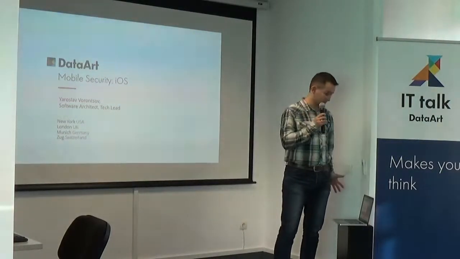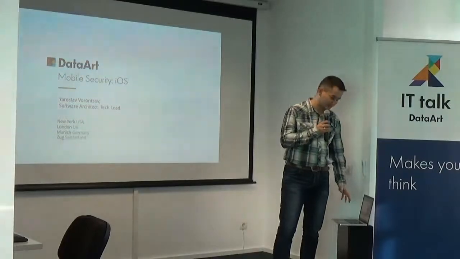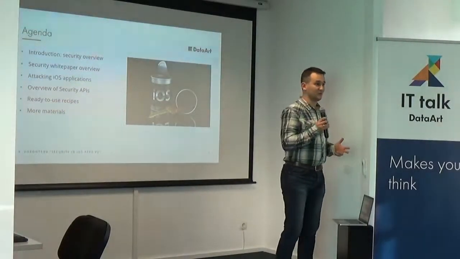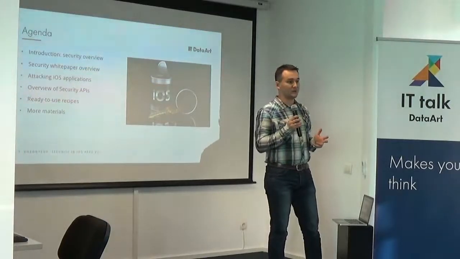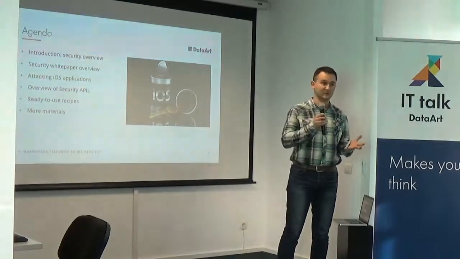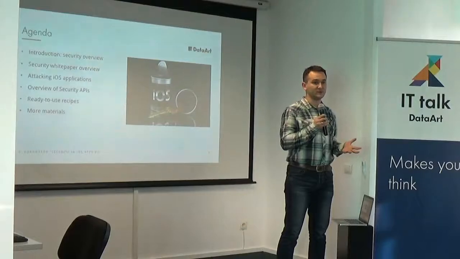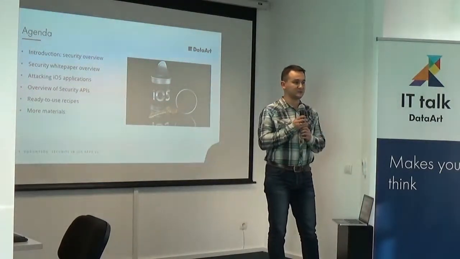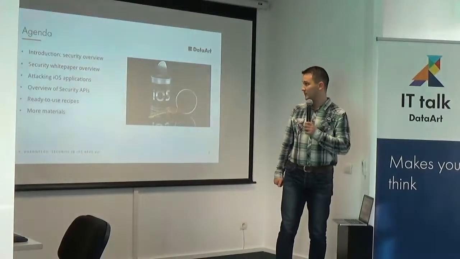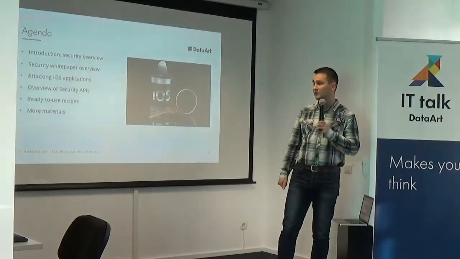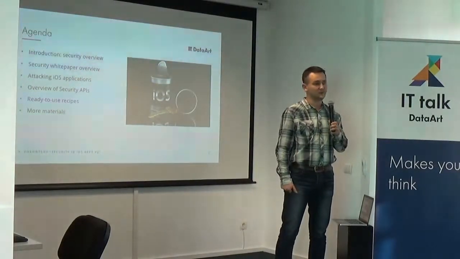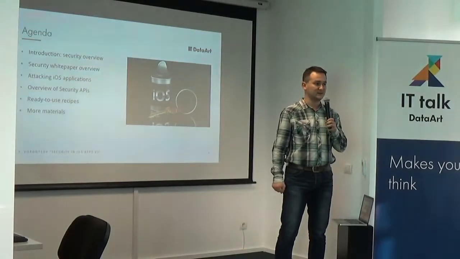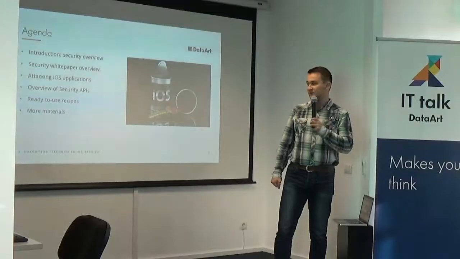So, what is this? What does it consist of on the iOS platform? Here's the agenda of our talk today. We will cover the basics of security, some theoretical principles. Then we will discuss Apple's iOS white paper, the most recent version of it. Then we will see how an attacker can access the data in iOS applications.